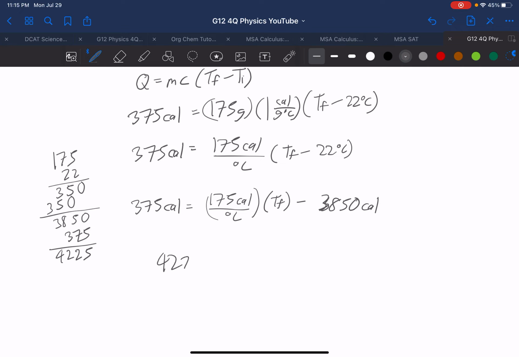Okay. Makes better sense. If we move the degree Celsius unit to the other side, it would look like this.